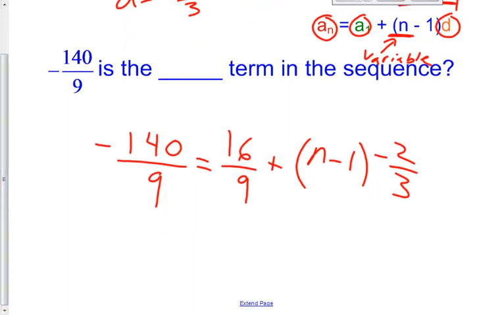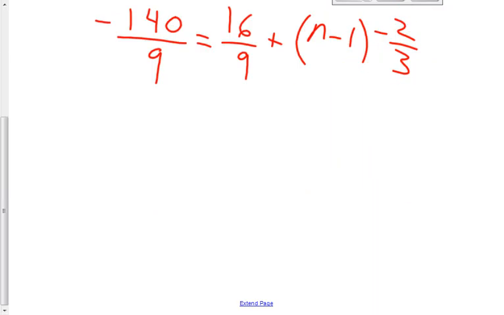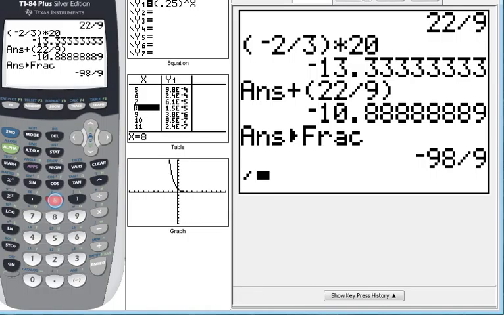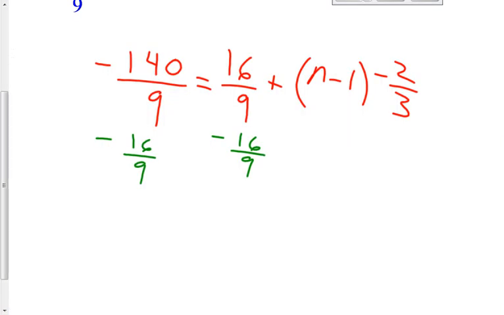We're going to solve for n. First thing I'm going to do is get rid of this 16/9 by subtracting it. A negative 14 ninths minus 16/9. Subtract 16/9.